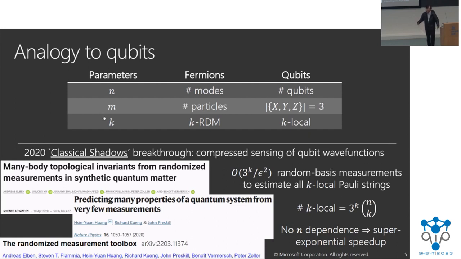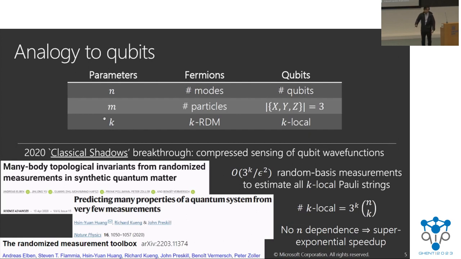And the reason why this result was so great is because it allowed us to characterize extremely large quantum states very, very efficiently. That framework, the original result, was based on qubits, and we can draw an analogy between the qubit results, if you're familiar with them, with the fermion results. So in the case of fermions, you would say that m, the number of places fermions can be, well, that's n.